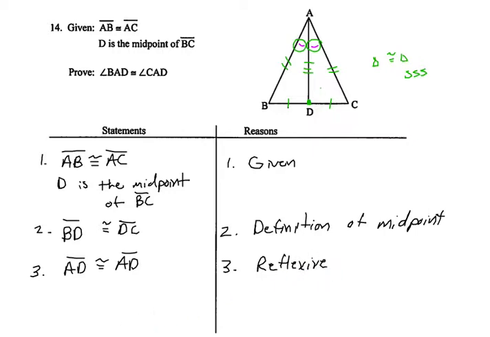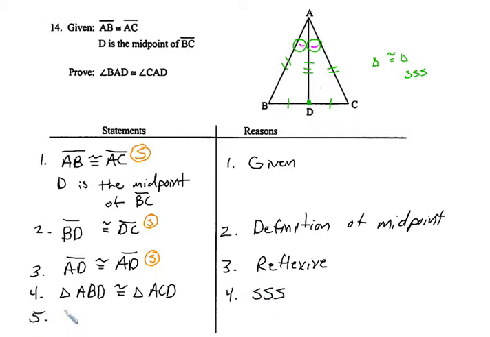And then if I look back at my proof, what I have is one set of sides, a second set of sides, and a third set of sides marked congruent in my proof, which means now I'm able to say that triangle ABD is congruent to the other triangle ACD because of the side-side-side relationship.